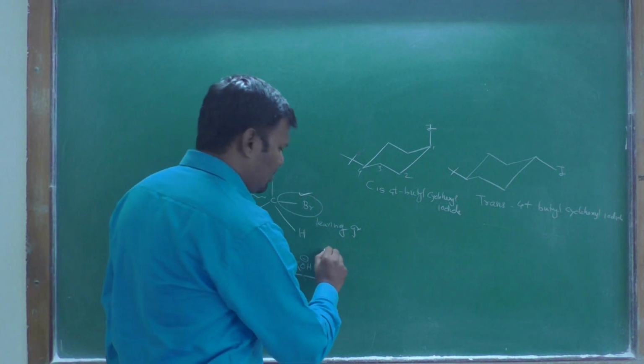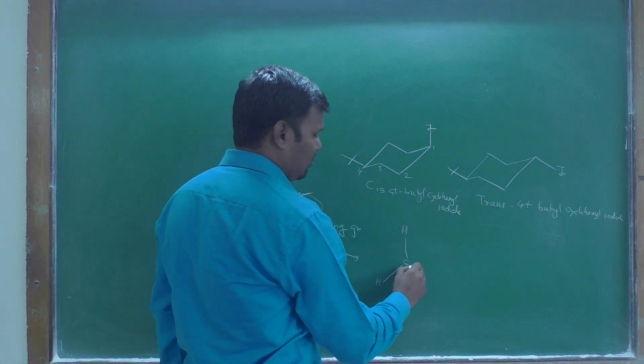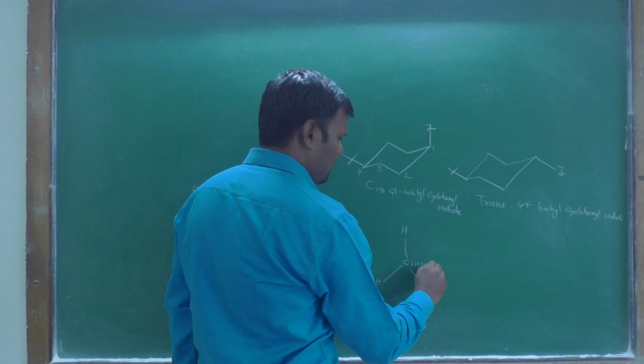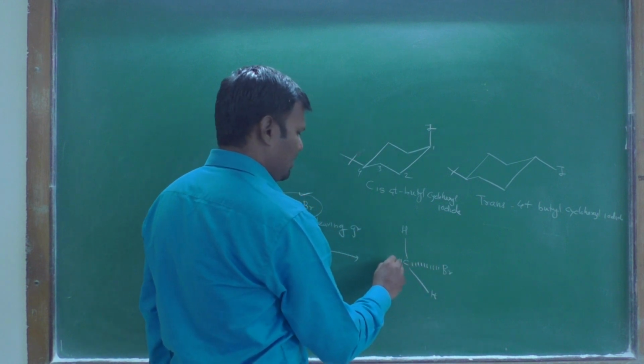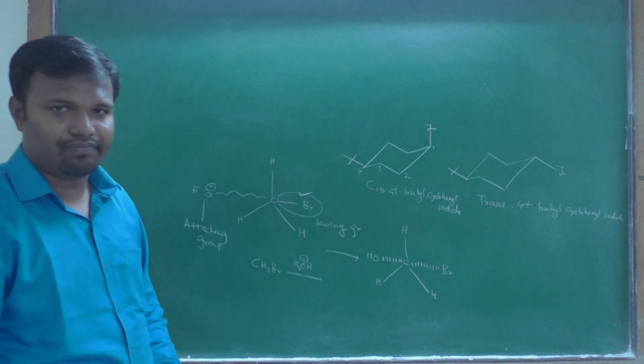The transition state we have seen like that. In SN2 reaction, bond breaking and bond making take place in a single step, and that single step is the rate determining step.